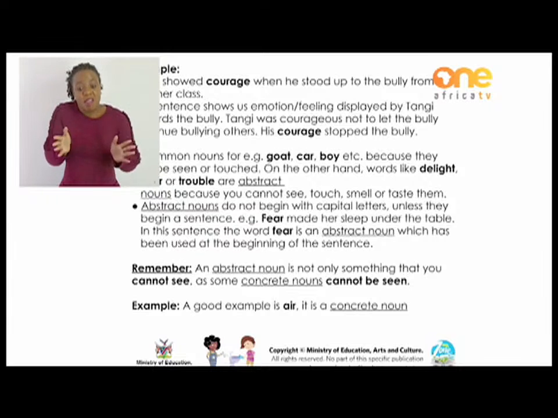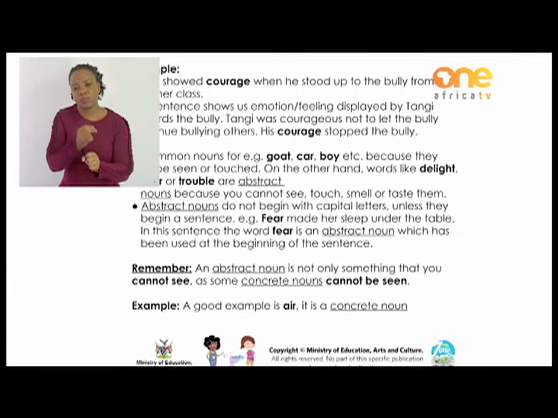In this sentence, the word fear is an abstract noun which has been used at the beginning of the sentence. So we are saying it is only when an abstract noun begins a sentence that we can put a capital letter. Otherwise, if they come somewhere in the middle of the sentence, you can't use a capital letter.